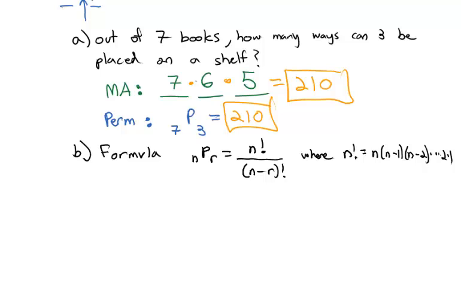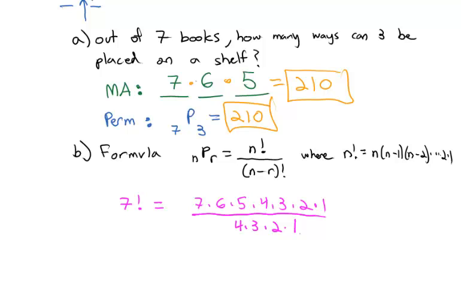When we did the multiplication axiom, we did 7 times 6 times 5. I want you to notice if we had done 7 factorial, that would have been 7 times 6 times 5 times 4 times 3 times 2 times 1. But we stopped at 5. So essentially what happened is we got rid of, or divided out, the 4 times 3 times 2 times 1, which is 4 times everything below it.